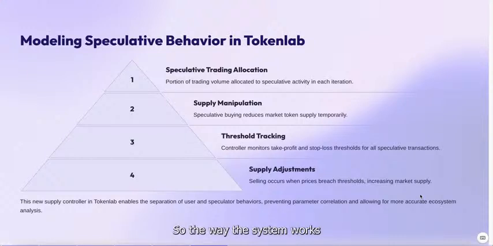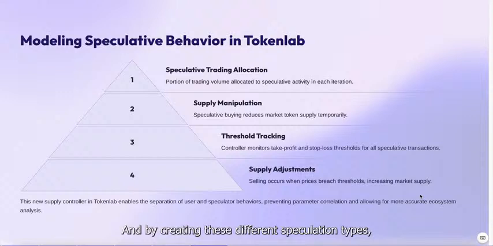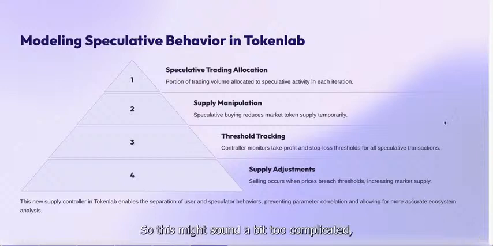The way the system works is that there are some basic token economy dynamics, and then there are pools of agents, like the speculators, that make decisions about buying or selling, depending on tracking the price dynamics as well as the price itself. This increases the complexity of the price dynamics, because these agents remove tokens from circulation or add tokens to circulation. By creating these different speculation types, we can see how the price dynamics are affected. This might sound a bit too complicated, but you're going to see why we did this in a second.